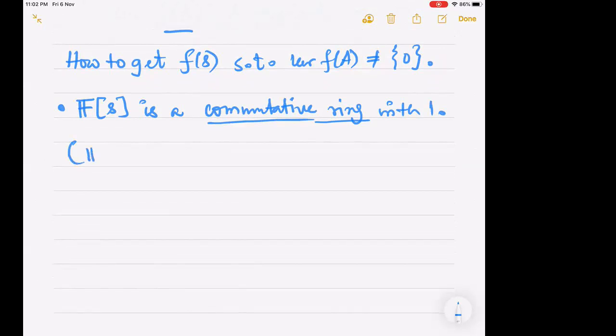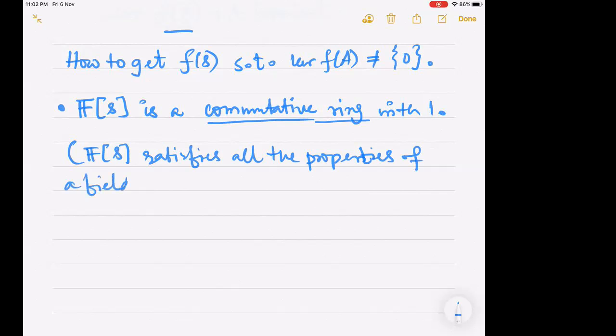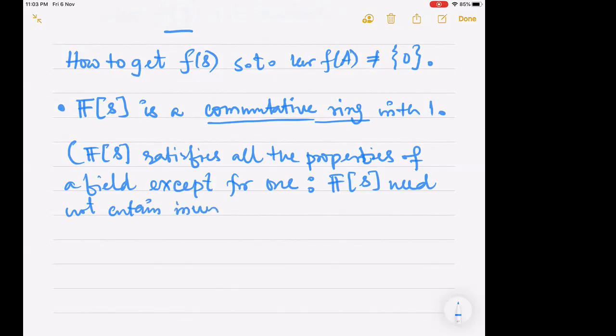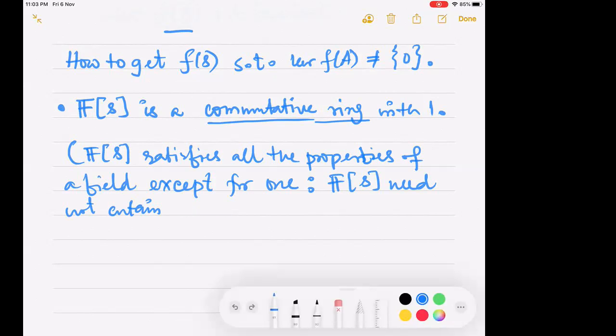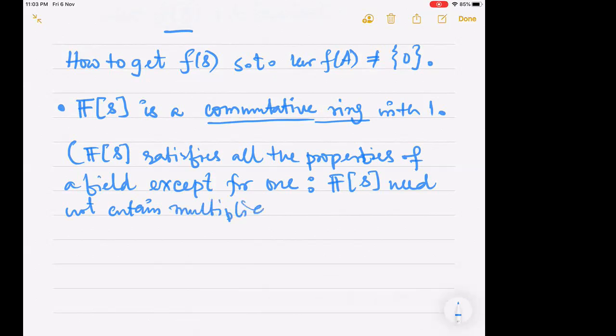This means that F[s] satisfies all the axioms of a field except for one, namely F[s] need not contain a multiplicative inverse for all non-zero elements in F[s].